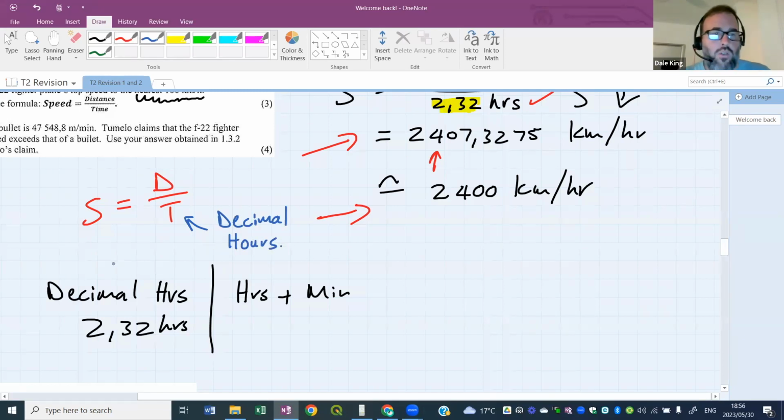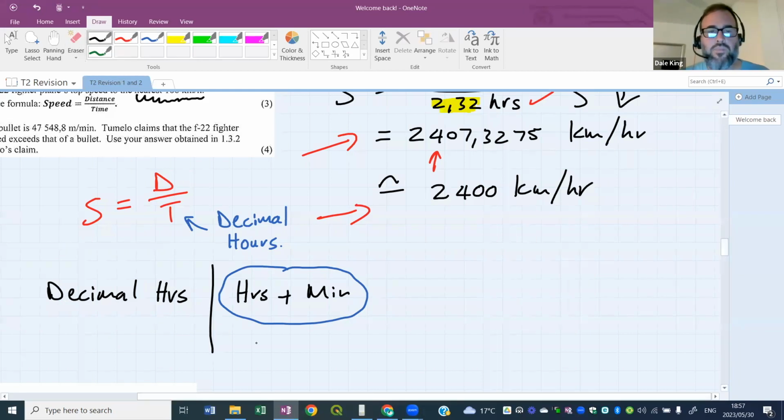So if they give you decimal hours, you're very happy. If they give you hours and minutes, you will have to convert to decimal hours. So let's say we had 2 hours like this, they wrote it like this, and 19,2 minutes. Okay, we've got to change that into decimal hours.